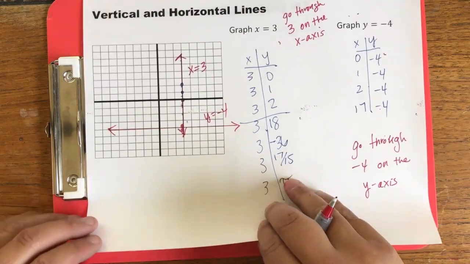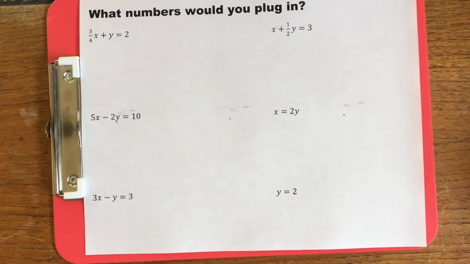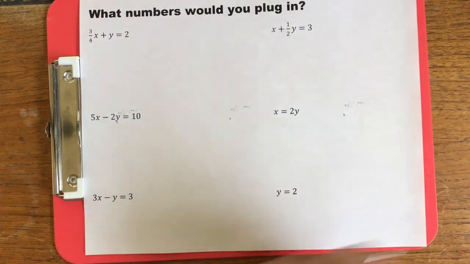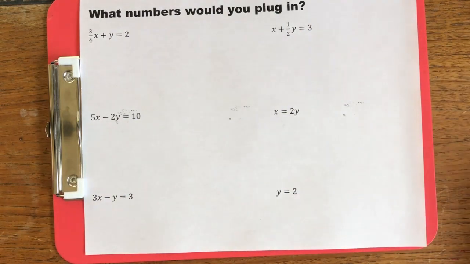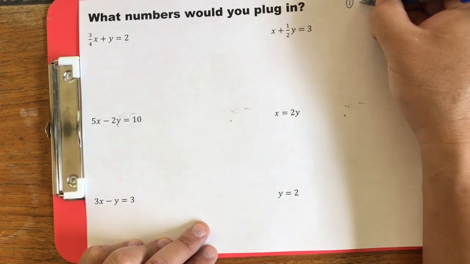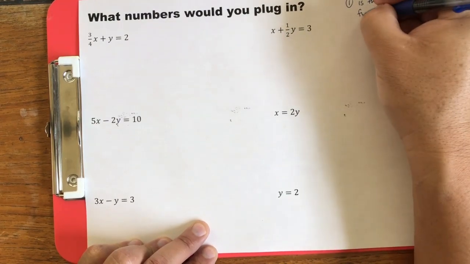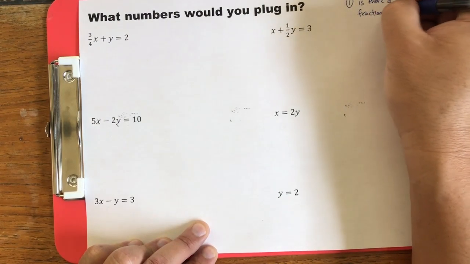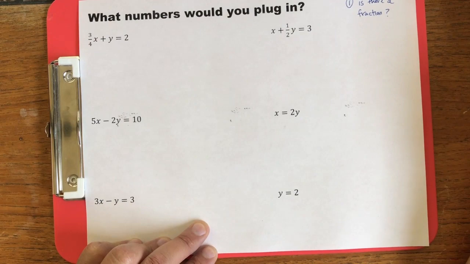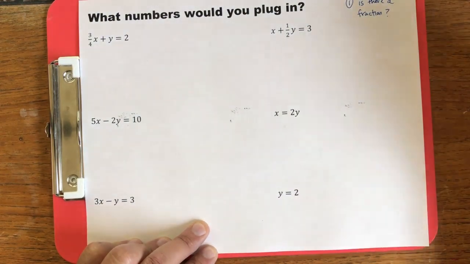Okay. Now, we went through a lot of problems, so let's make sure that we remember what questions we ask ourselves. The first question we ask ourselves is, is there a fraction? If there is, we use a multiple of the denominator.